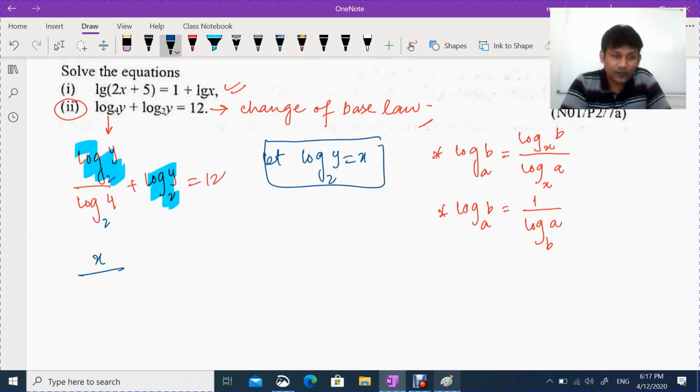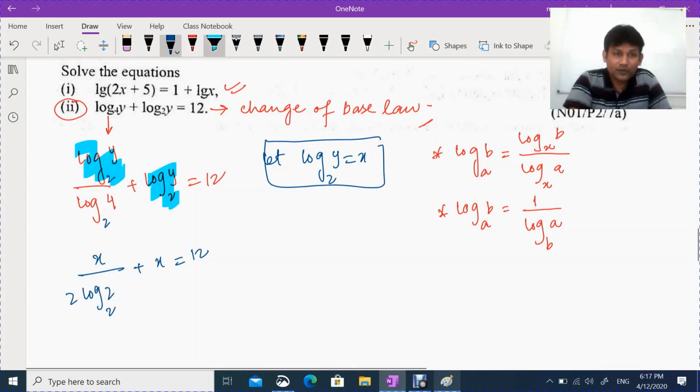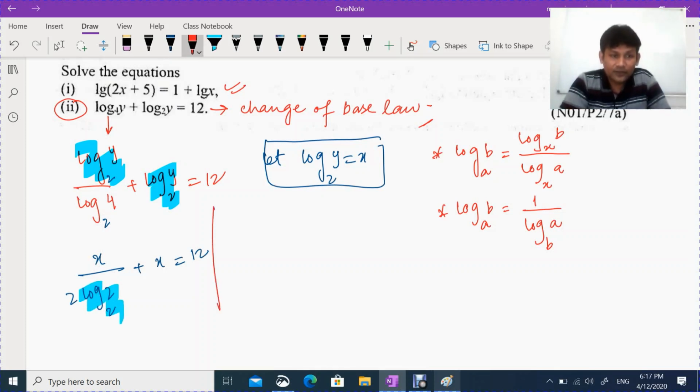Then log base 2 of 4 is log base 2 of 2 squared, so the 2 becomes the coefficient, and this equals 1. So the final is x upon 2 plus x equals 12.